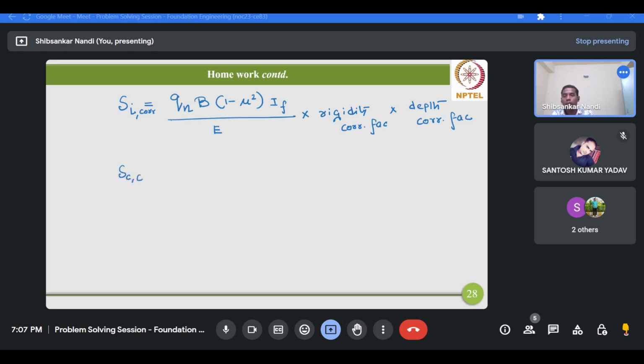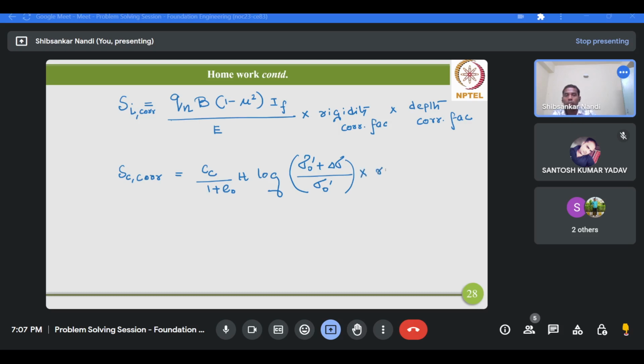And for consolidation, this will be Cc divided by (1 plus e0) times log of (sigma 0 prime plus delta sigma) divided by sigma 0 prime. This gives the uncorrected consolidation settlement.